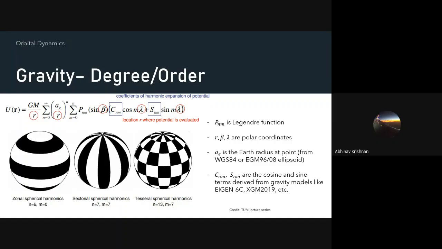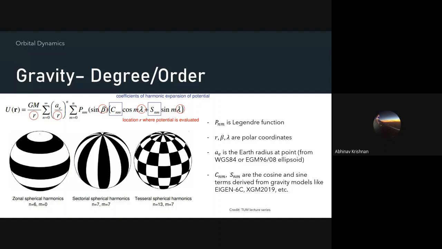Now some of you might have noticed the AE part in the first summation, within the brackets of the first summation. That AE represents the radius of the Earth at that particular point. Now, there is a reason why the geopotential model is used over the oblate spheroid model, the not-a-sphere concept that we have learned in geography in our schools, right?